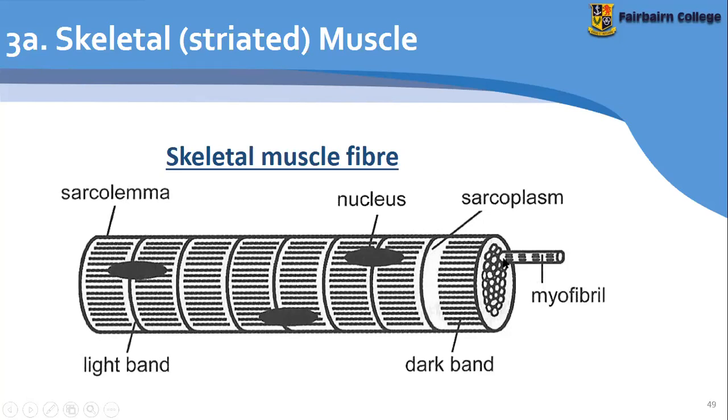Each muscle fiber has many myofibrils, which are smaller parts that make up the muscle cell. Again, we're not going to spend a lot of time explaining the myofibrils. Just know that each muscle fiber has many myofibrils.